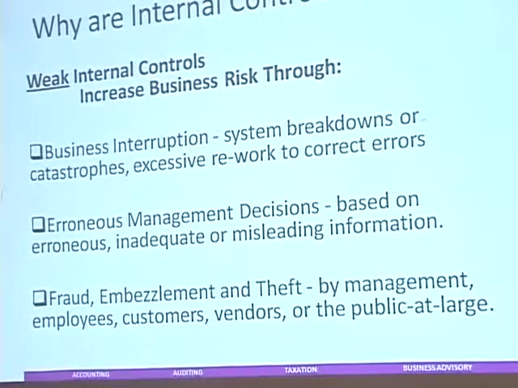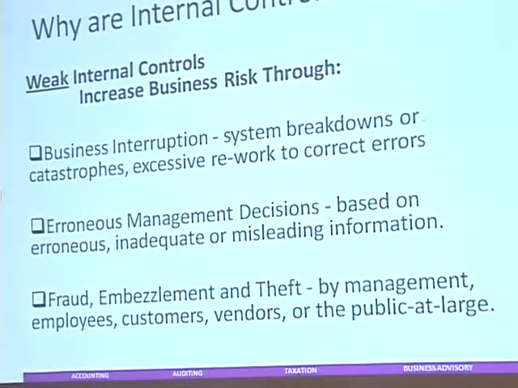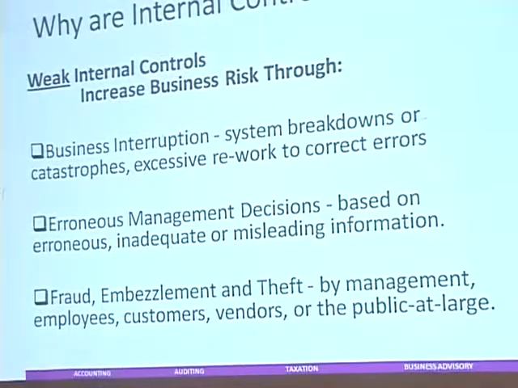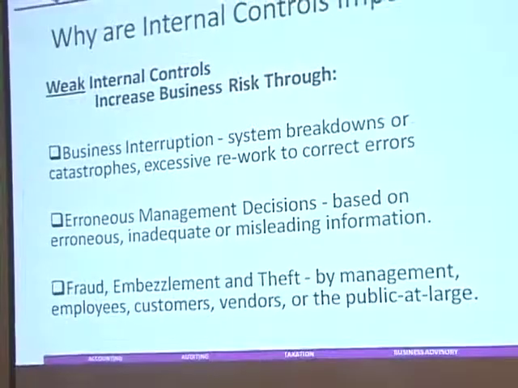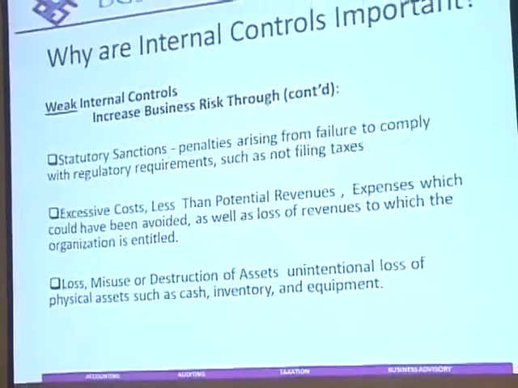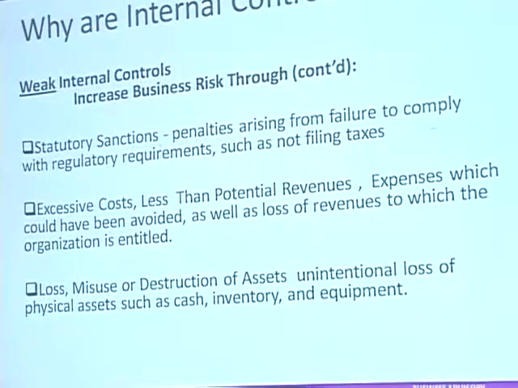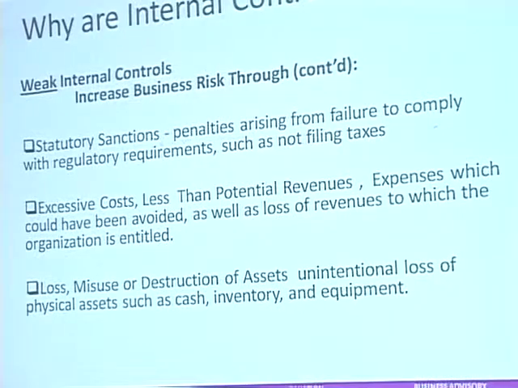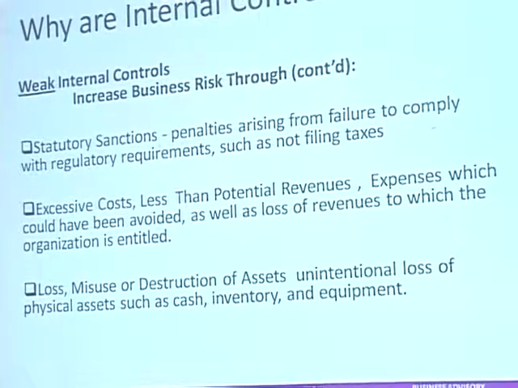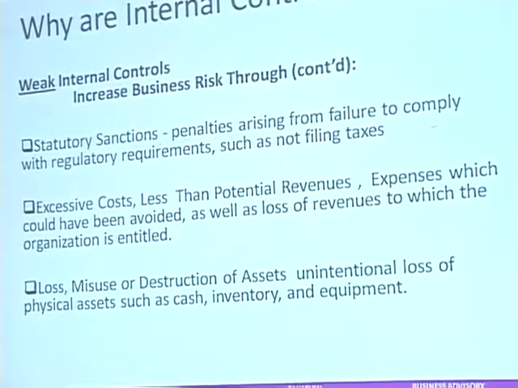You might have fraud or embezzlement, right, within the organization, and trust me, this is very popular. You might have what we call statutory sanctions, so you end up paying penalties and interest to the government because you do not abide by the tax laws and other regulatory laws.